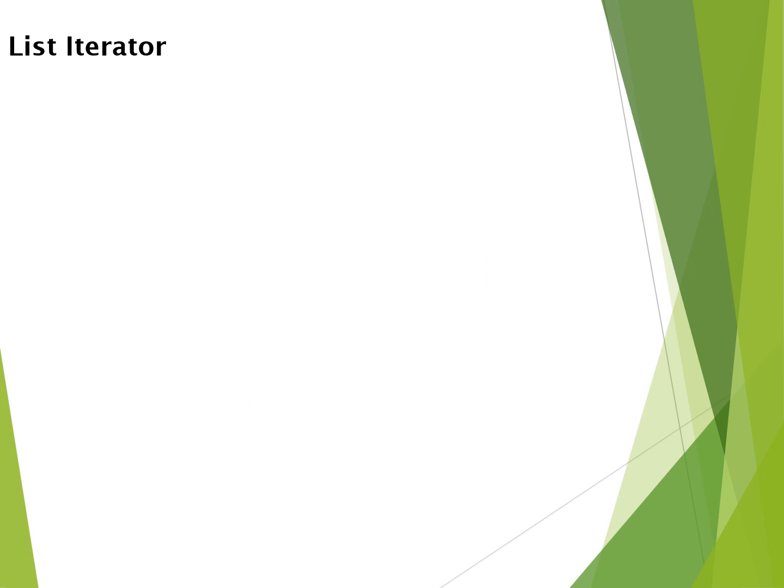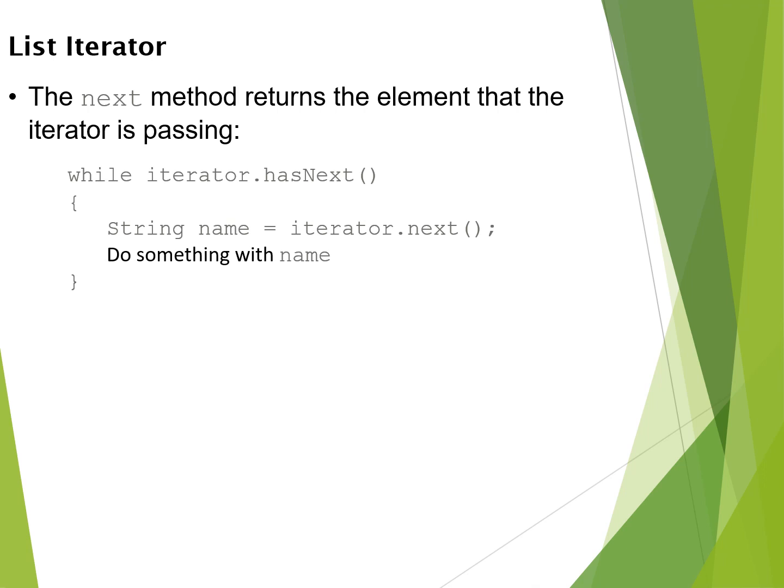So let's see how a list iterator can be used to traverse all the nodes of a linked list. This is the first solution. You need to know that the next method returns the element that the iterator is passing.